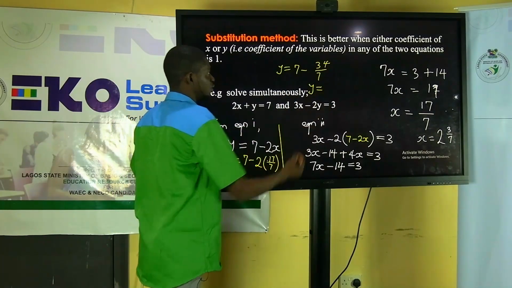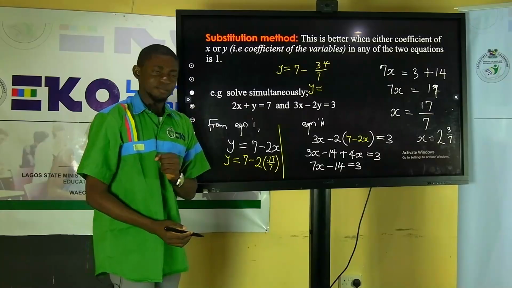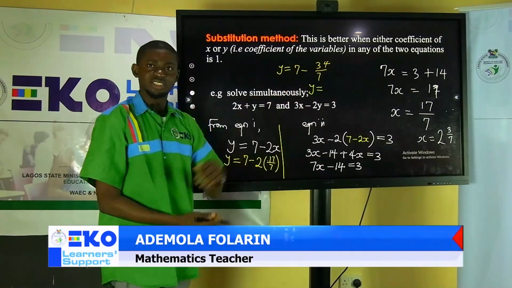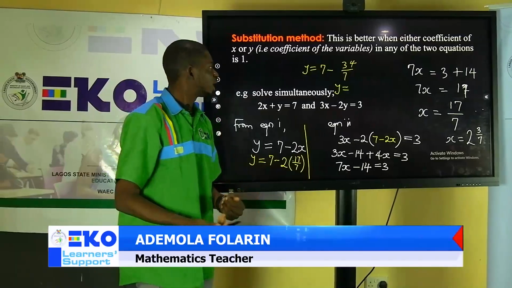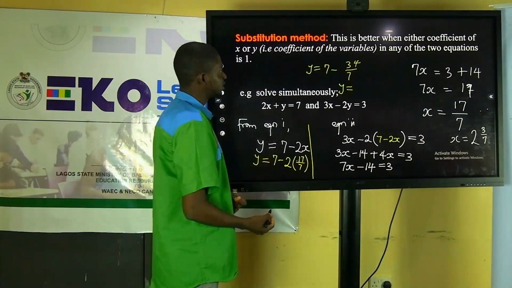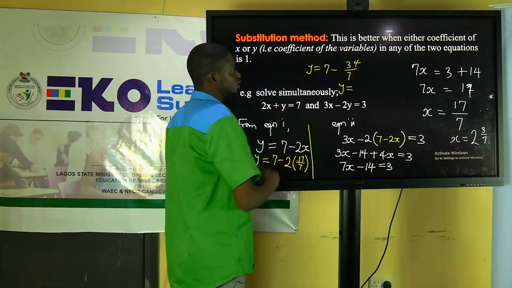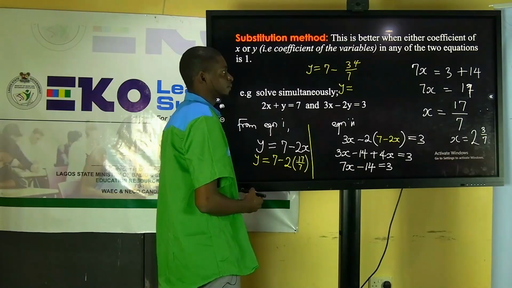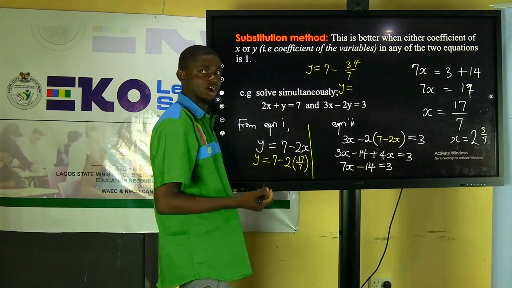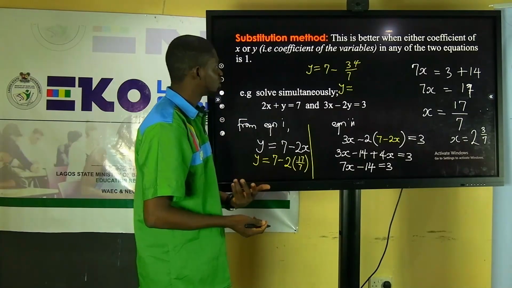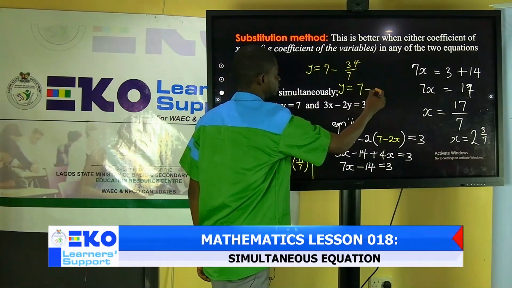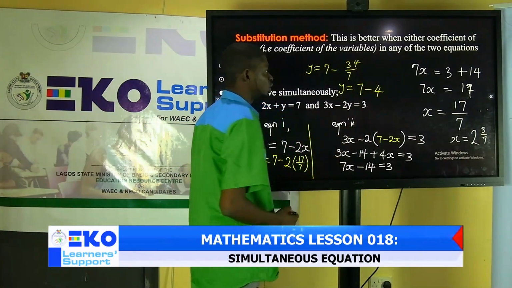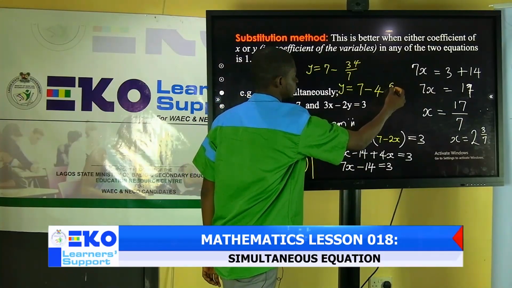Wait, you probably want to find the LCM of this. Yes, it will work. However, you may as well think about it. Can 7 go into 34? Yes. How many times? It will go 4 times. That will be 7 minus 4, whole number. So what do we have left? 6 over 7.